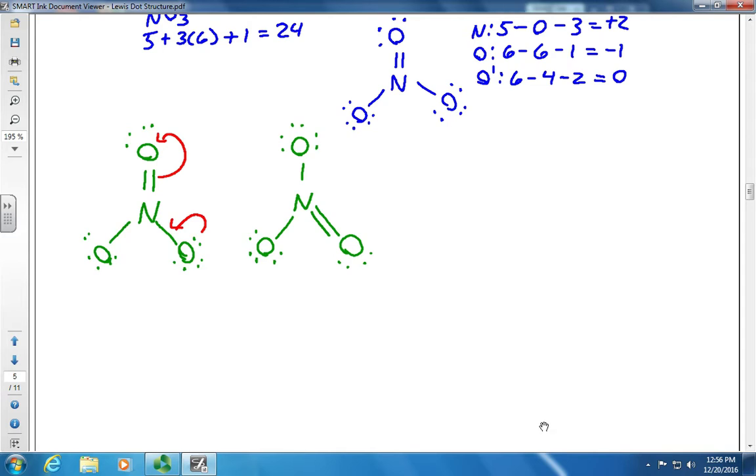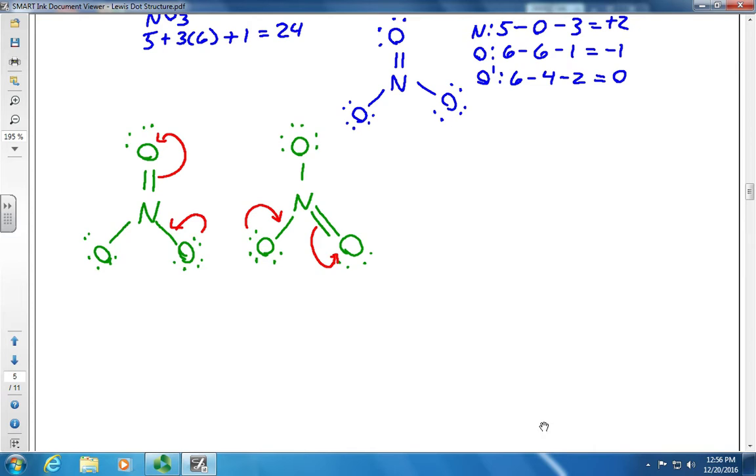Similarly, you would have an instance where your two electrons would drop in onto the oxygen, and then these two drop down to make a bond.